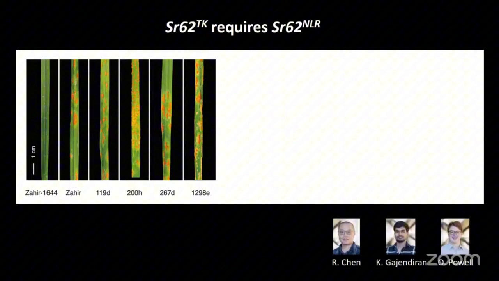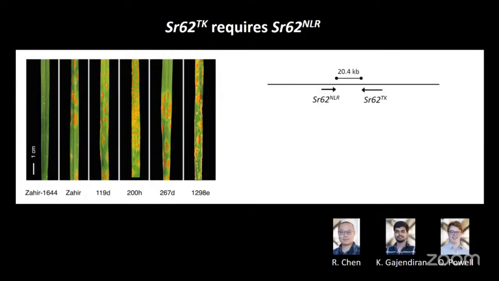And so a postdoc and 2 students in my lab, Renji, Karthik, and Oliver, set about cloning this gene. And to cut a long story short, we found that it was indeed an NLR.